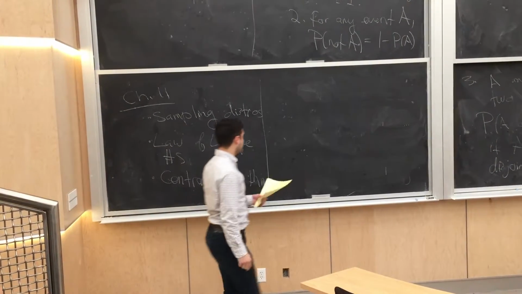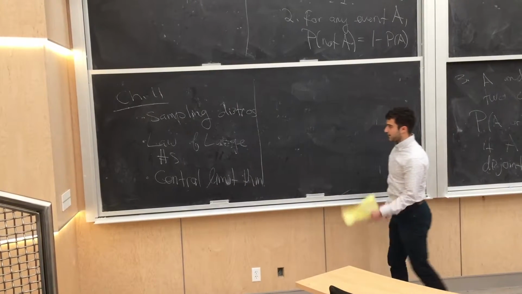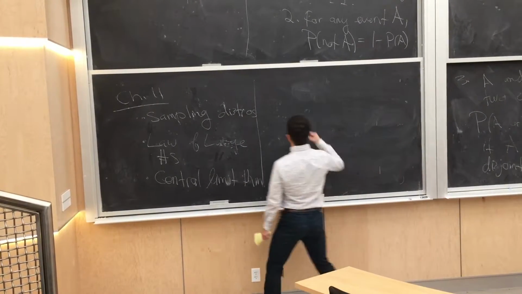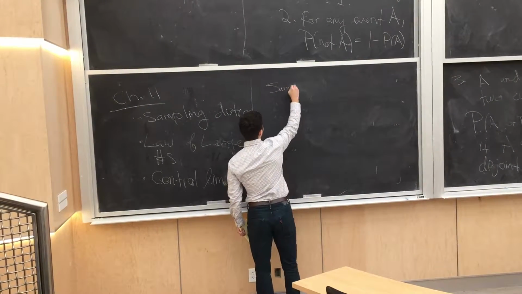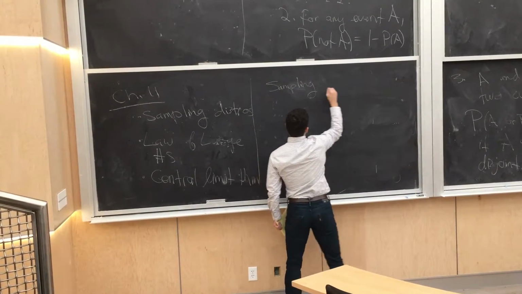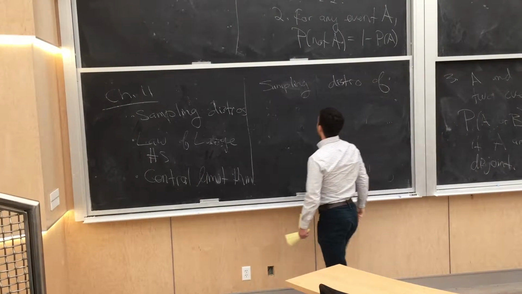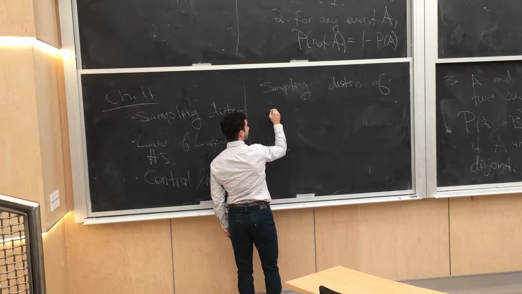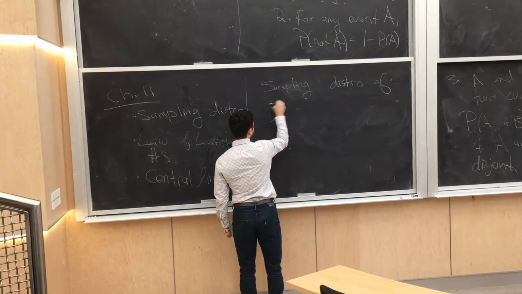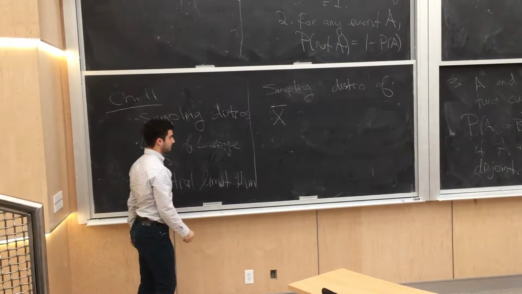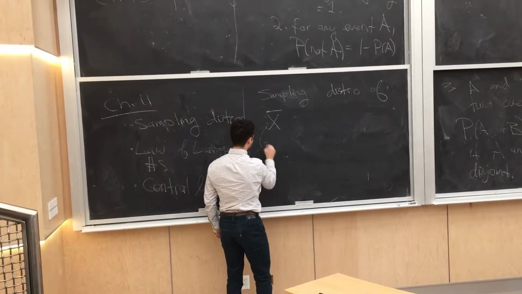And what is this sampling distribution? The main thing to know about is a sampling distribution of the sample average, x bar. So this is the sample average.